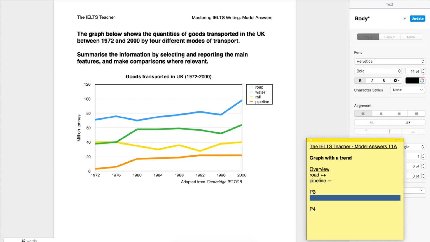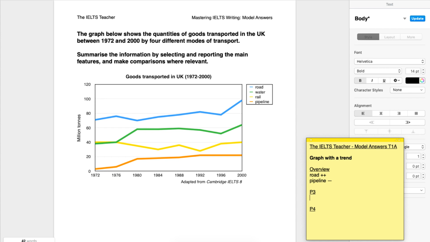Now when it comes to P3 and P4, the ideal with detail paragraphs is that we create a clear theme. We present a clear central topic, to use band descriptor language, within each of the detail paragraphs. Now, in this particular task, as there are 4 categories, I think it makes sense to talk about 2 of the categories in one paragraph and 2 of the categories in another paragraph.